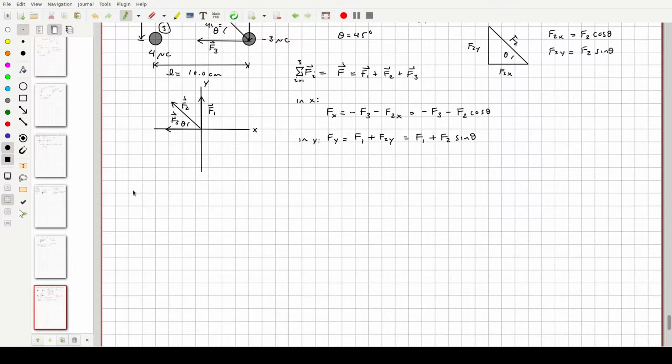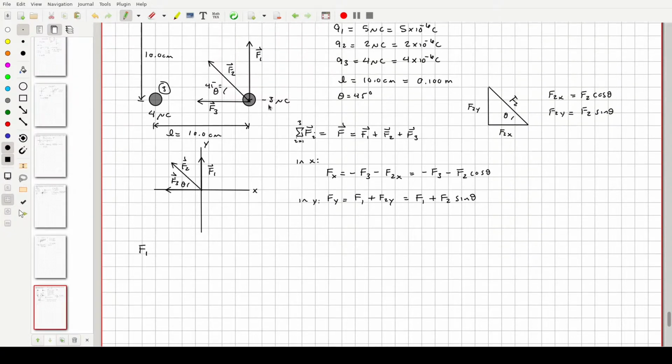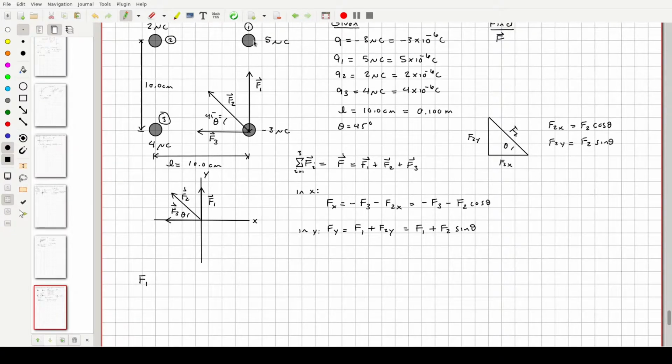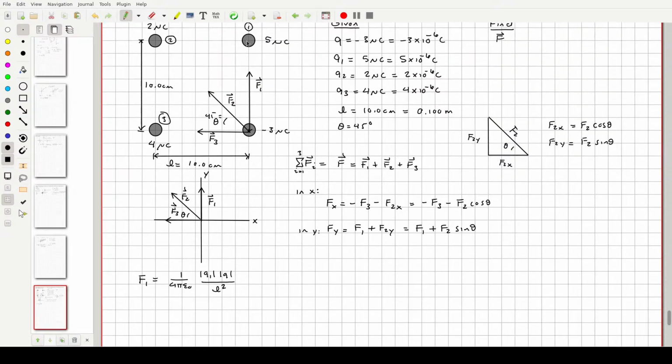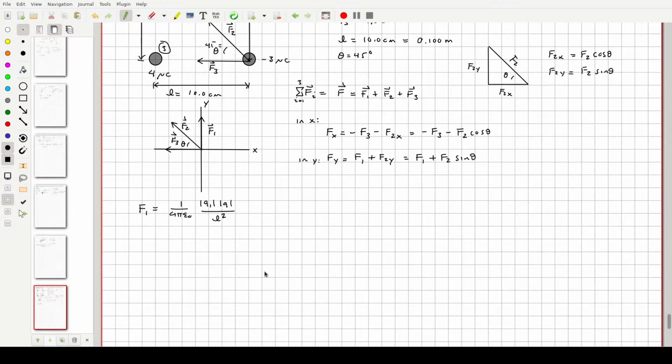So here, for example, F1, which is the force of our first charge on our main charge, is going to look like this. 1 over 4 pi epsilon naught Q1 Q over L squared. Since that's the distance between here, that's its magnitude. Okay.